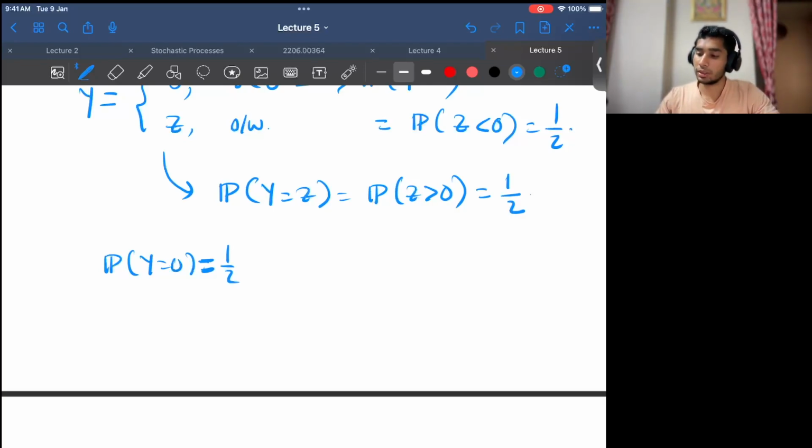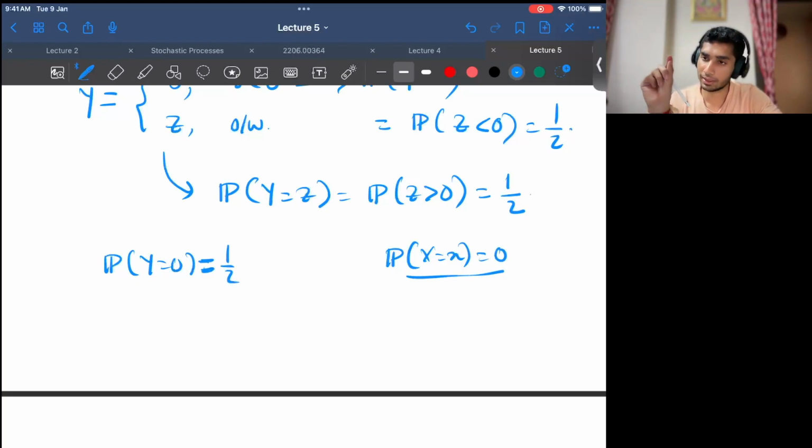For any continuous random variable, the probability of x equal to a particular value is always 0, because the Lebesgue measure of a single point is 0. Since the probability of y at the particular point 0 is equal to half, this implies that y is not continuous.